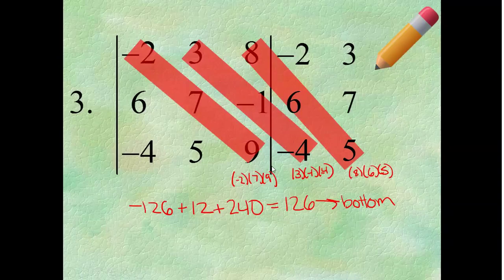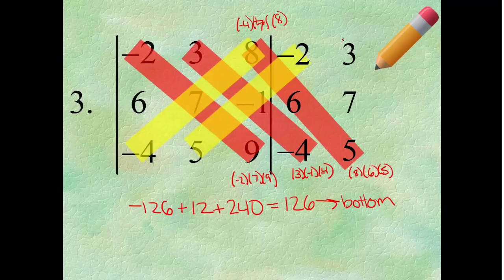Now, let's find the top. So I'm going to go upwards. -4 times 7 times 8. Okay. 5 times -1 times -2. And 9 times 6 times 3.